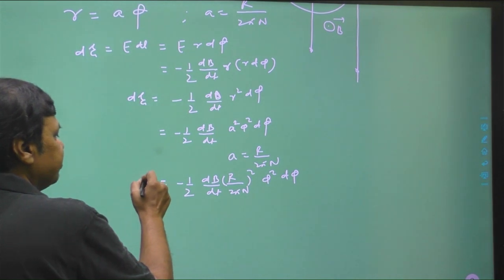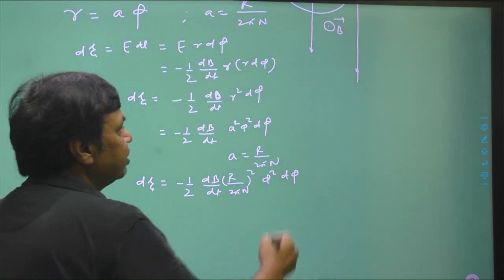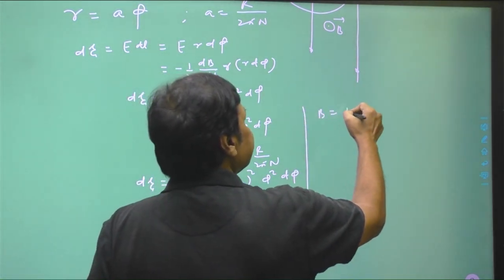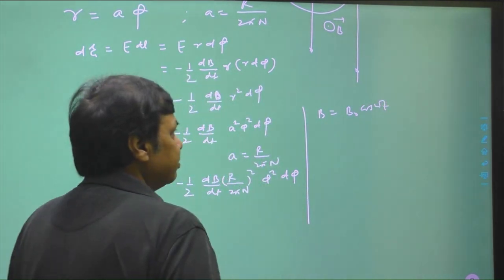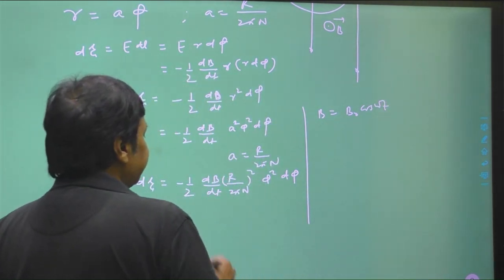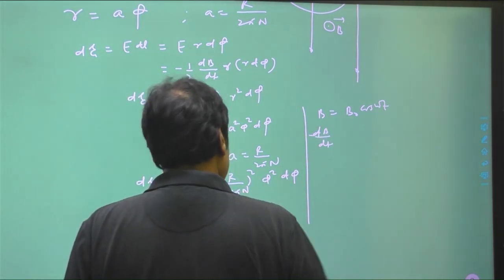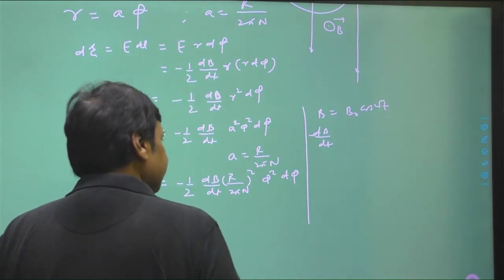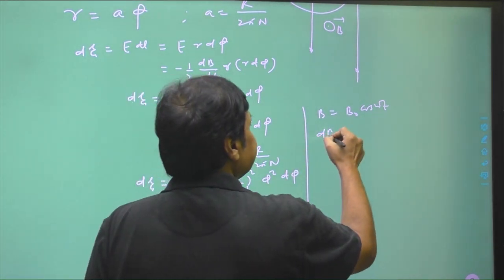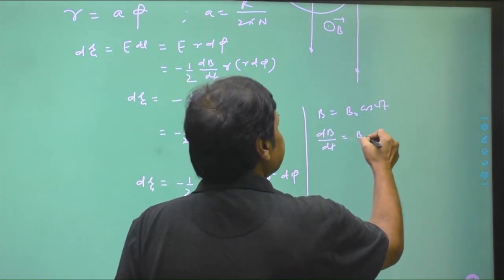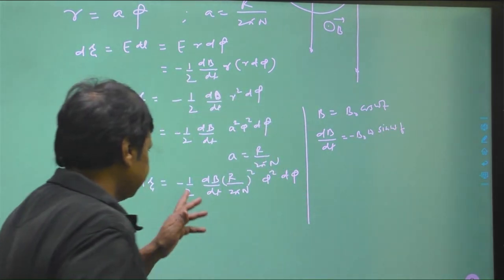Since B was given as B naught cos omega t, dB by dt equals minus B naught omega sin omega t, and that minus will get cancelled out.